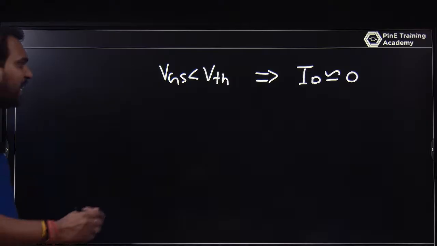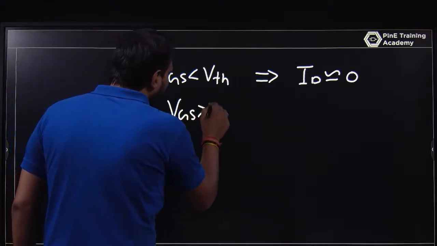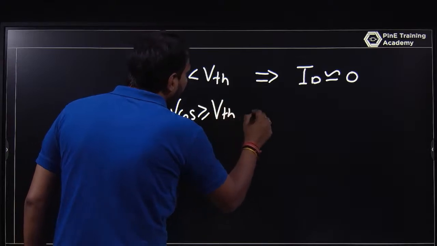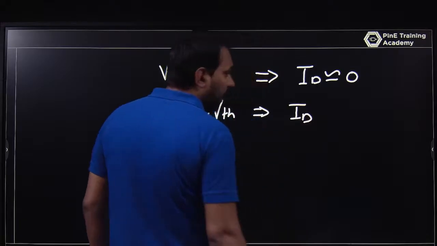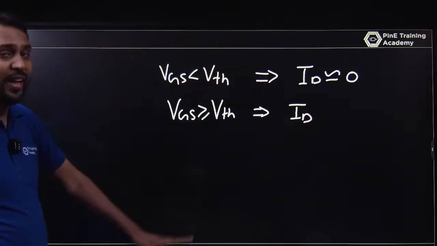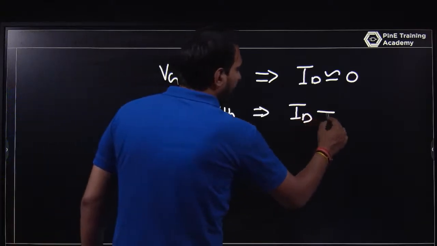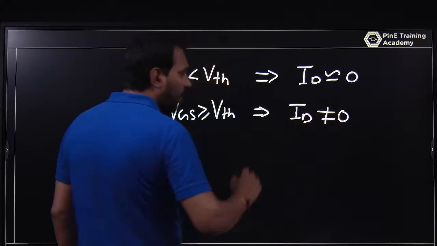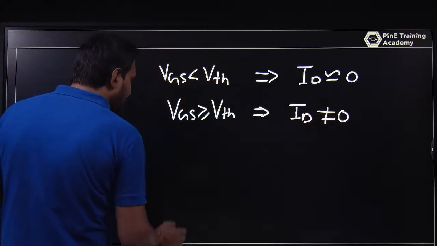But if VGS is greater than or equal to VTH, then ID has a current. In this condition, ID is not 0; it has some current, and that will be decided by the region of operation.